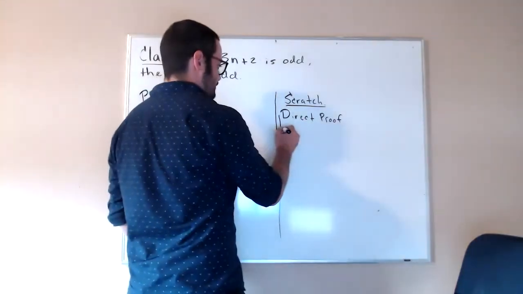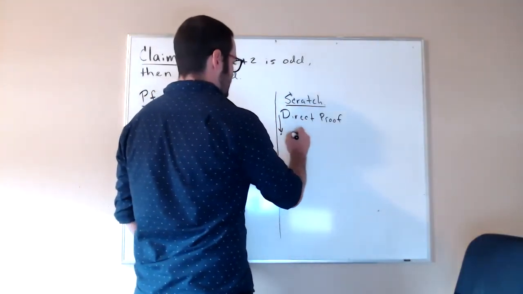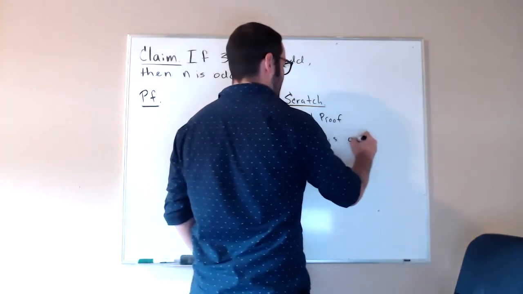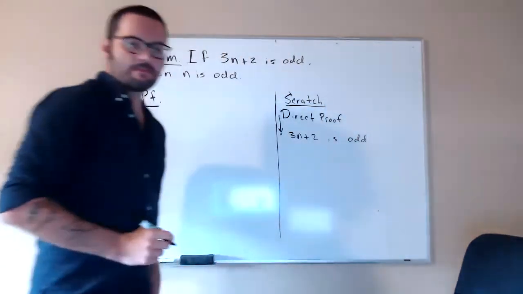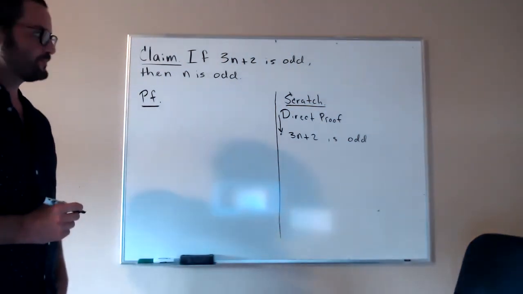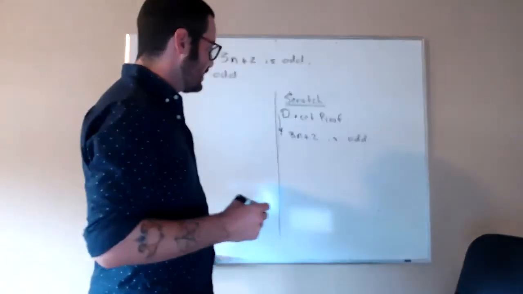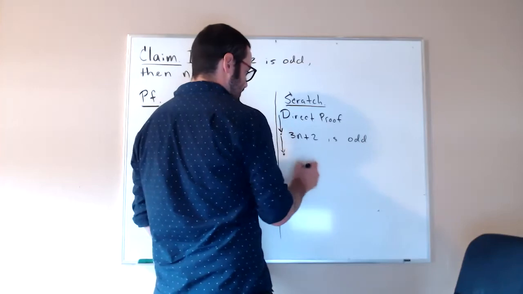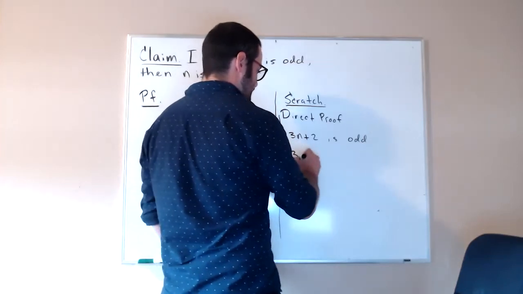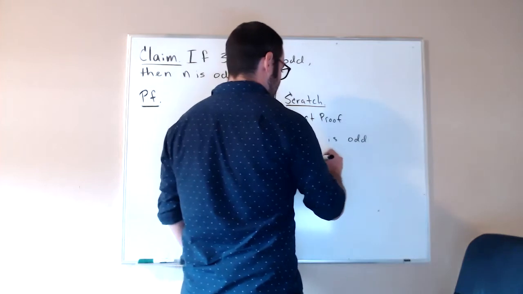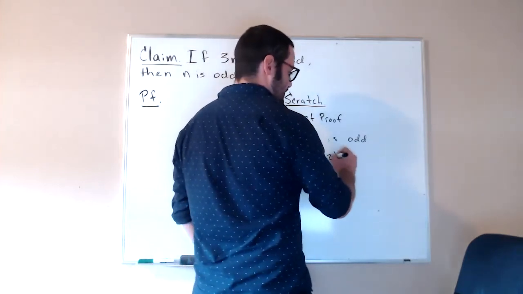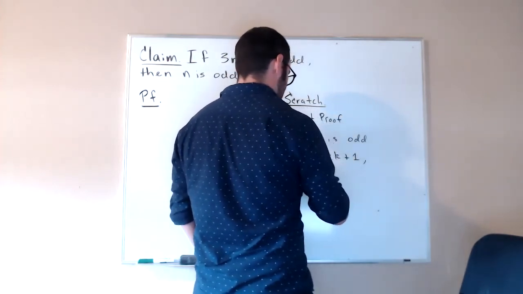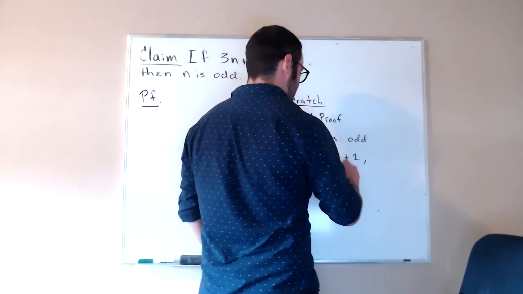So we assume 3n plus 2 is odd. By definition, if you recall from the previous lecture, 3n plus 2 is equal to 2 times some integer plus 1, where k is just an integer.